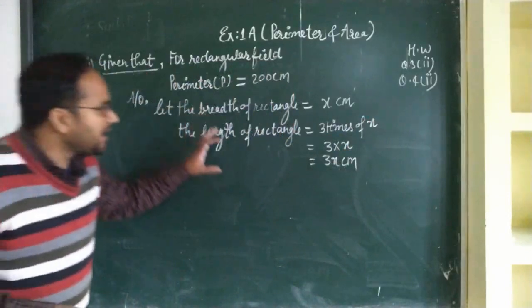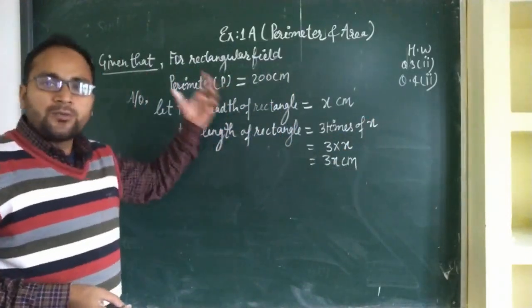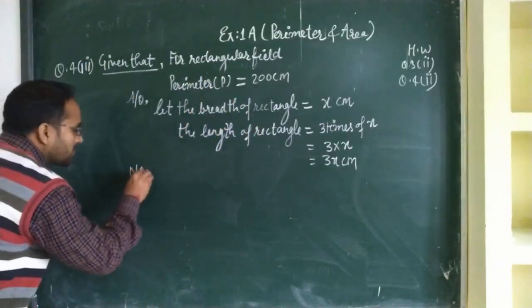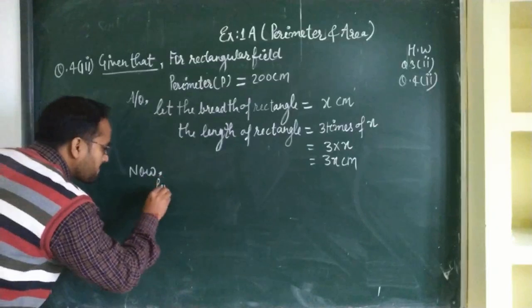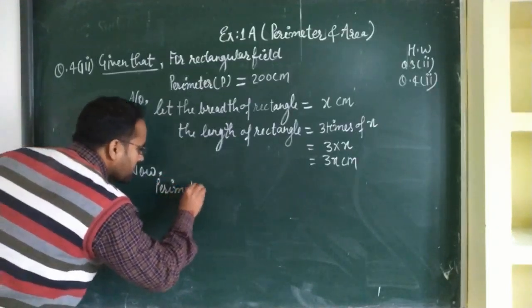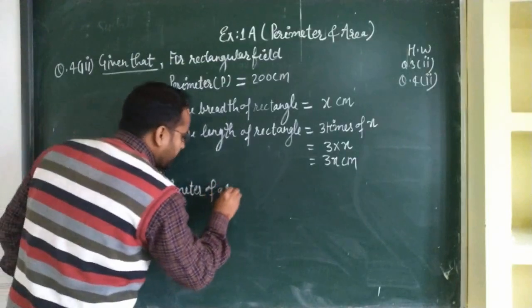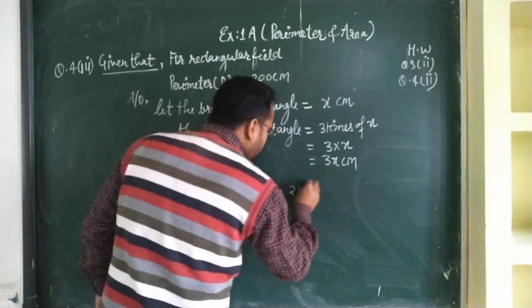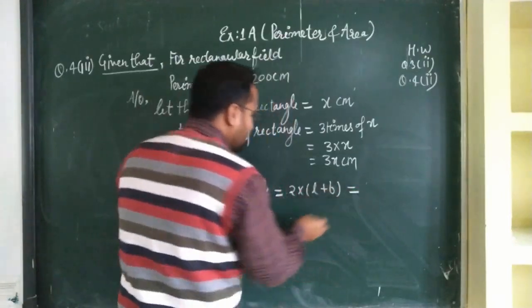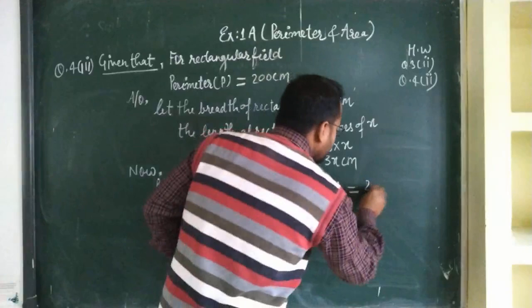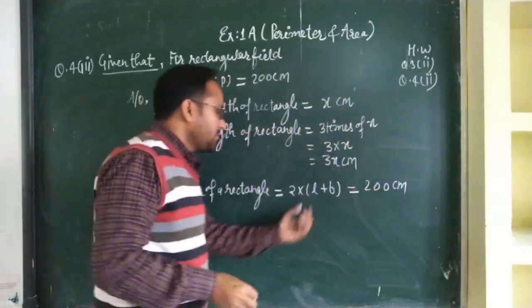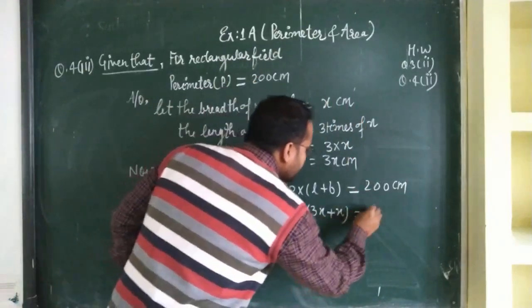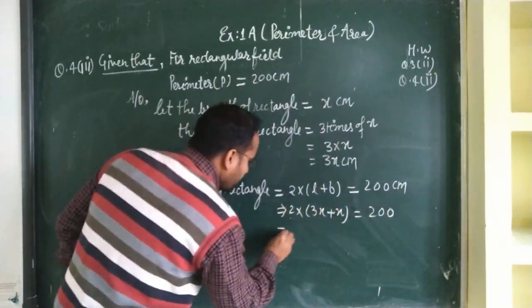So you know its length and breadth, then it is very easy to find the value of the unknown quantity. Now the perimeter of a rectangle is 2 multiplied by (length plus breadth), which is equal to 200 centimeters. Put the values of length and breadth: length is 3x and breadth is x, so 2(3x + x) = 200.